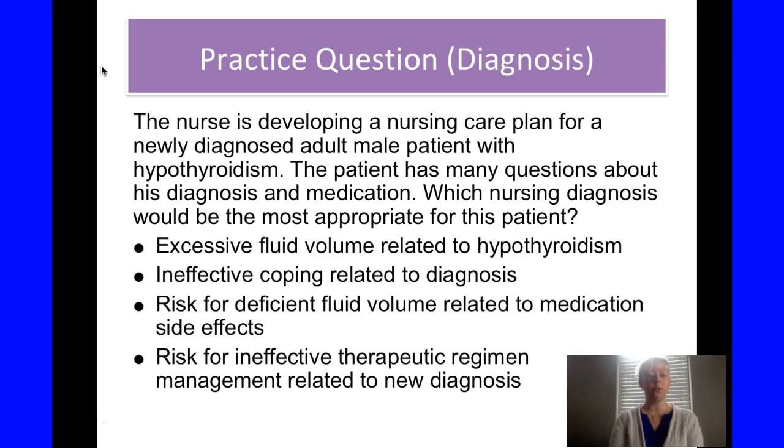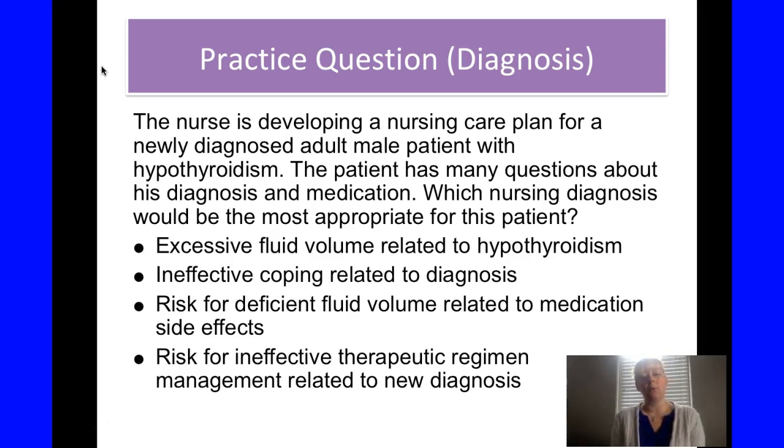He has many questions about his diagnosis and medication, and he was newly diagnosed. So I'm going to take out ineffective coping related to diagnosis because he was just diagnosed with it. It's not like he has diabetes and 6 months later he's coming back and just not knowing anything about it. That would be ineffective coping because he's probably gone through teaching already.